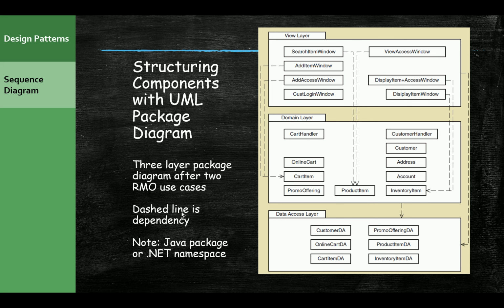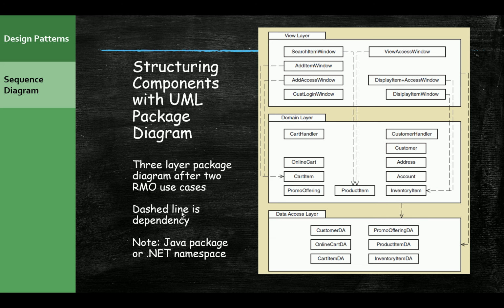So all of the classes that have something to do with the view layer would go into one package. The domain layer would be in another package, and the data access layer would be in a different package. Different programming languages manifest this in different ways. So in Java, it's a package. In .NET, it's a namespace. In C++, it's something else.